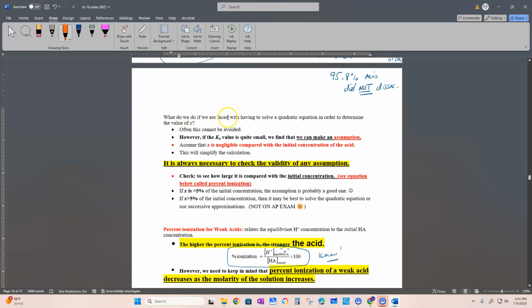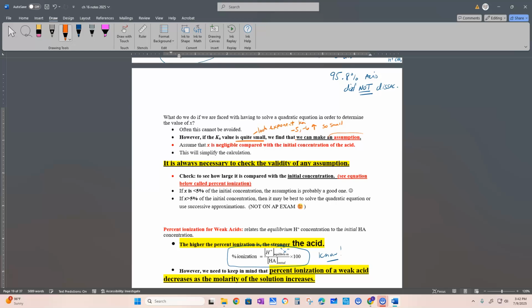What do we do if we're faced with having to solve a quadratic equation in order to determine x? Often this can't be avoided. So if the Ka is so small, and remember, look at the exponent on Ka, anything basically above -5 and on is so small, it's basically negligible.